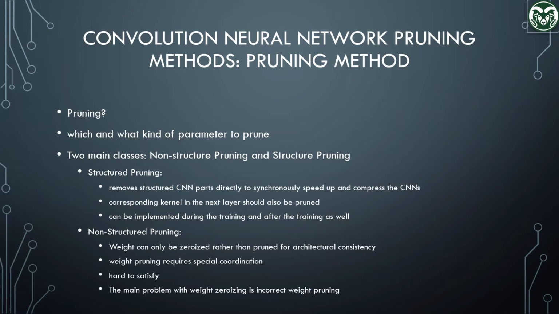This method can be implemented either during the training or after the training as well. And when it comes to non-structured pruning, weights can only be zeroed and then pruned, so that it has architectural consistency. And weight pruning requires special coordination, which is hard to satisfy. And the main problem with weight zeroing is incorrect weight pruning.